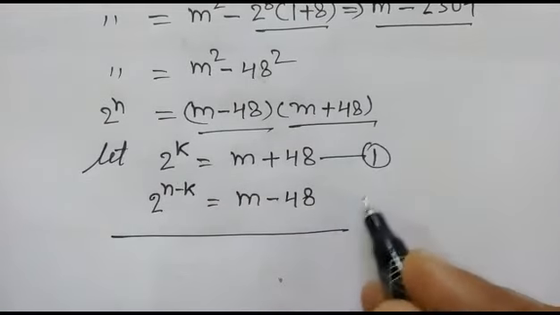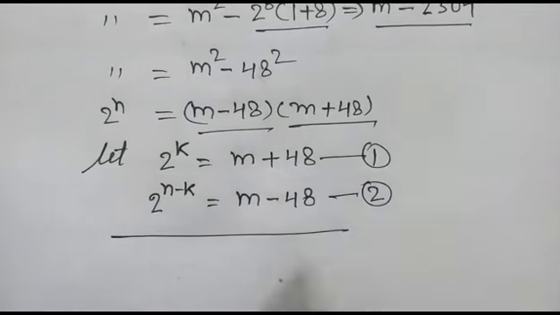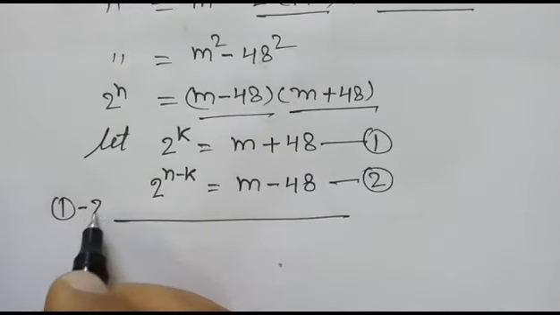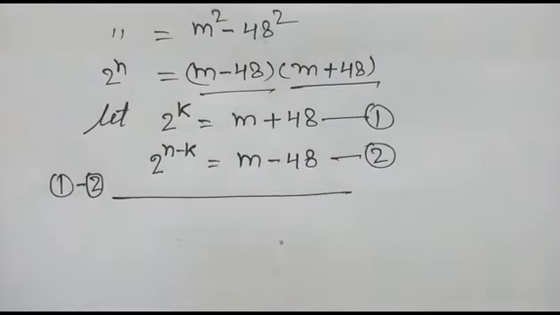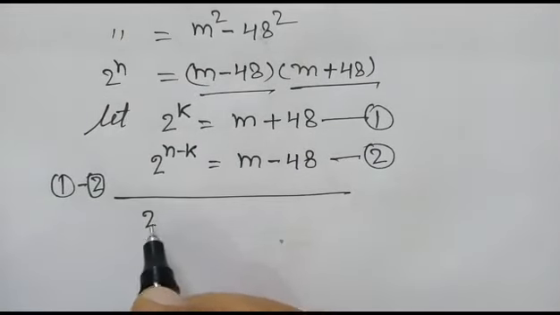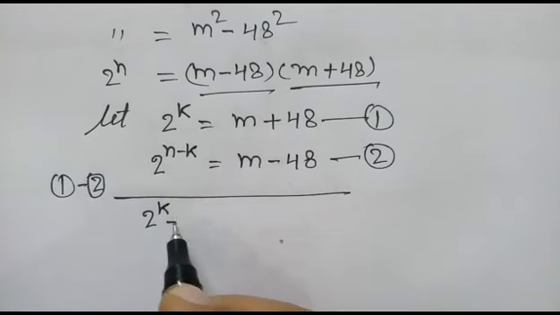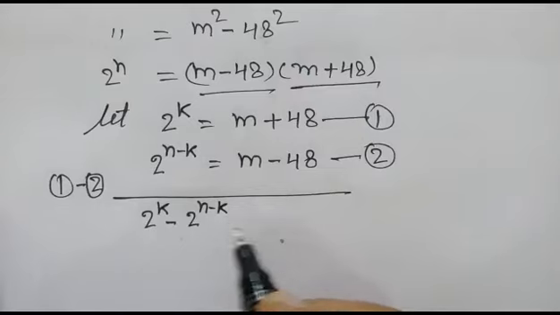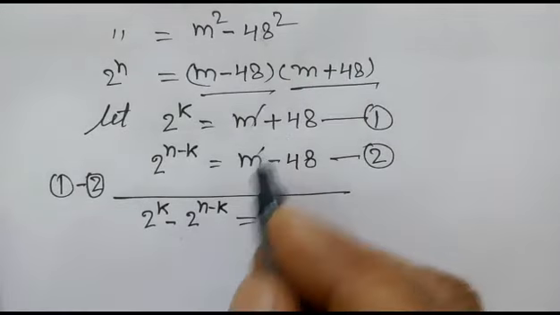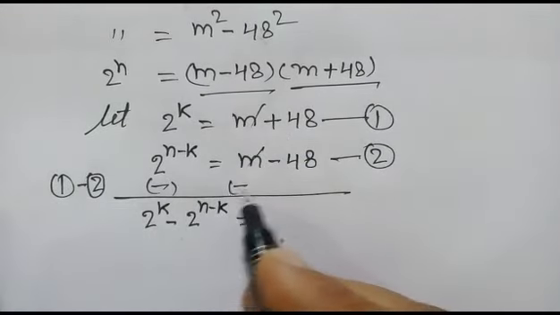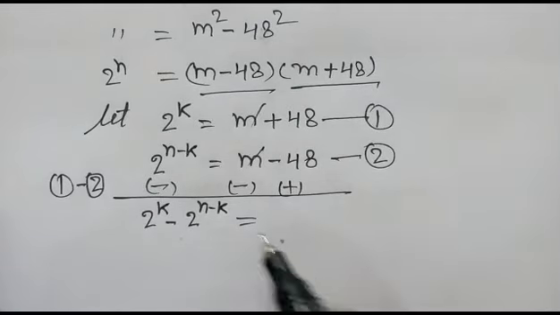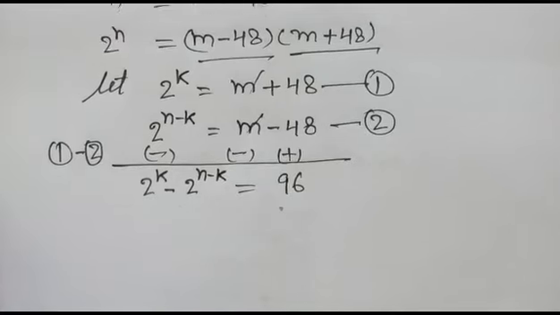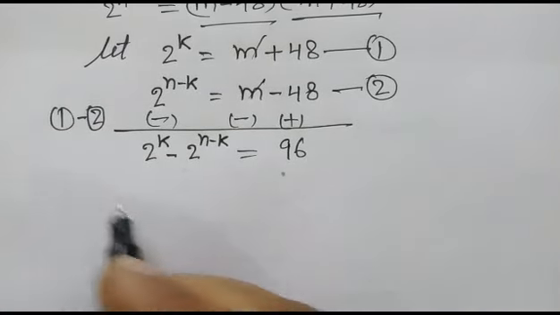If we say this is equation first and this one is equation second, right? So first minus second. Now we have 2 to the power k minus 2 to the power n minus k is equal to, this will get cancelled out, 96, right?